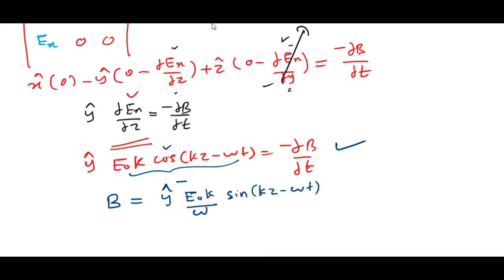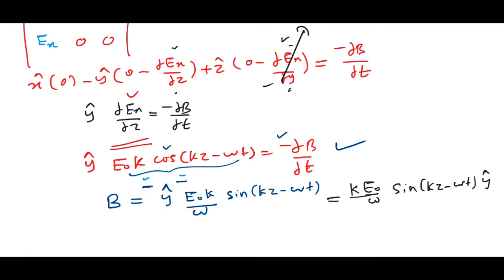Integration of cos is sine. Here you have one minus also. That minus is here. Then these two minus will cancel. Plus, the answer is k E0 by ω sin(kz − ωt) in the direction of y.